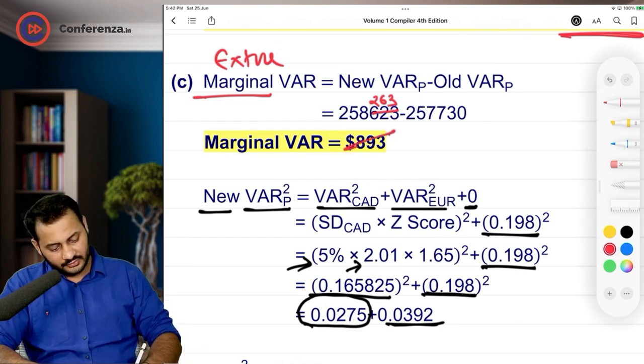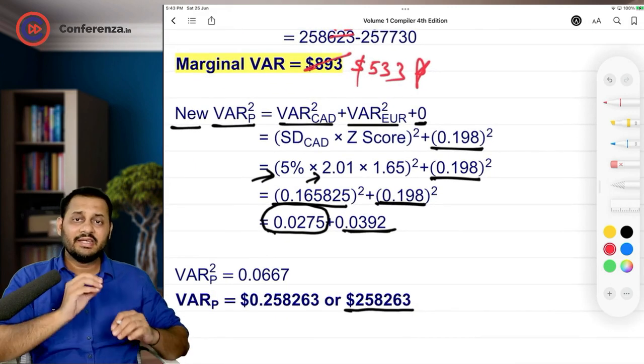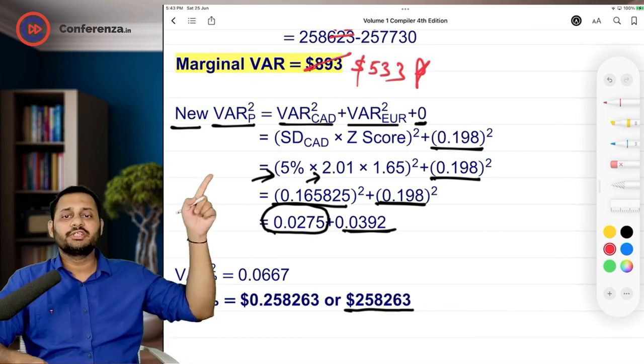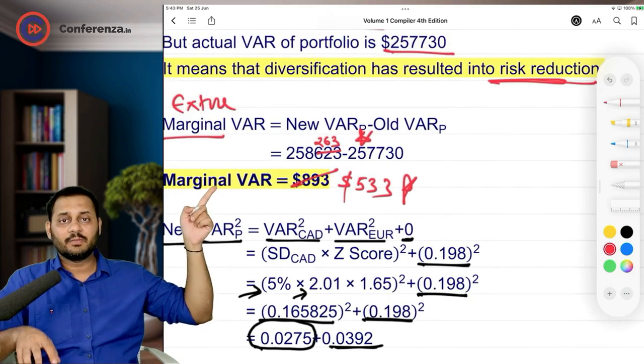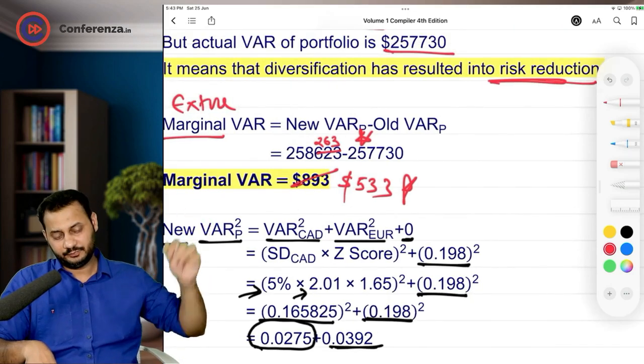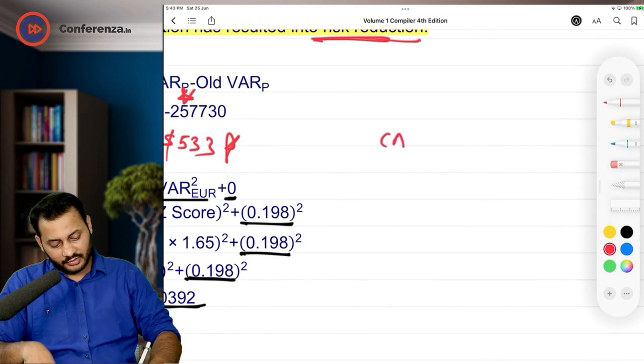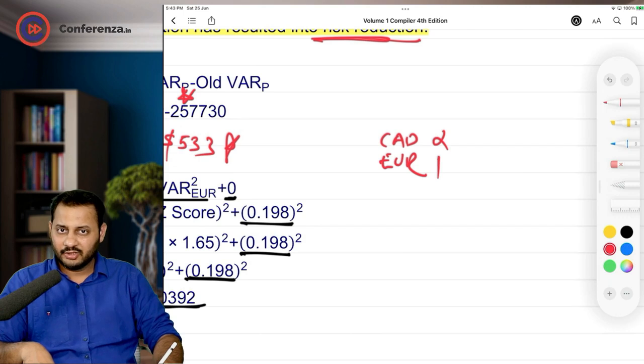And your answer will be $533. You can clearly see that by increasing the Canadian dollar position by $10,000, your VAR has increased by $533. Canadian dollar, euro. You had $2 million and $1 million positions earlier.